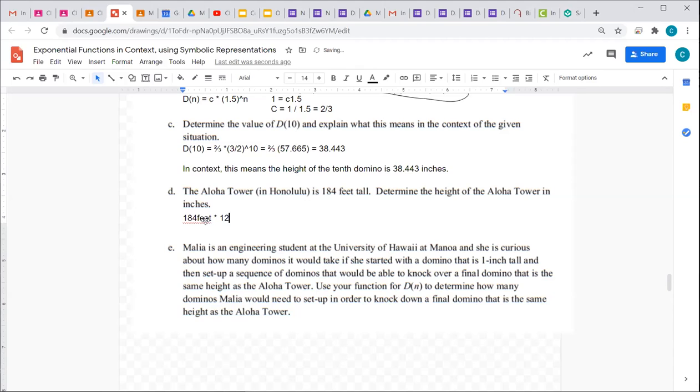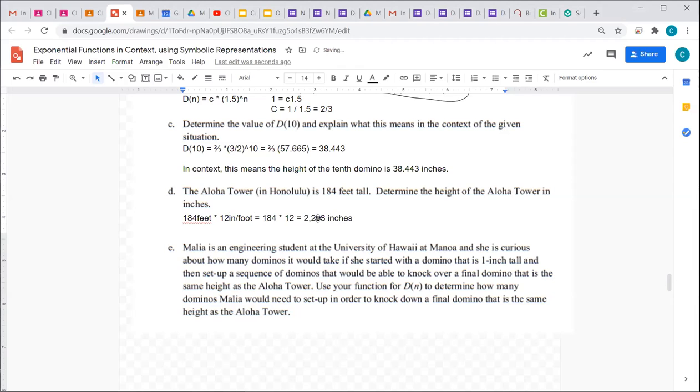There are 12 inches per foot, right? 184 times 12. Again, you can write it out to solve it. If you can, I would write it out, but I'm just going to use a calculator for this. So 2,208. So 2,208 inches.